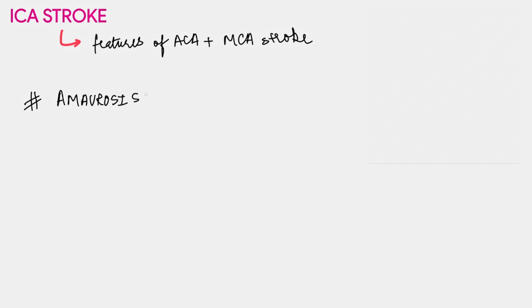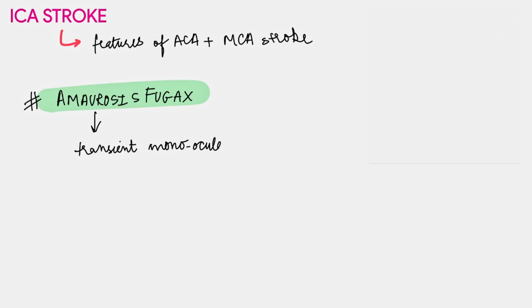There's one more sign called amaurosis fugax, where the patient has transient monocular blindness. This is seen in transient ischemic attacks also. This is one of the early signs of, say, carotid atherosclerosis. This is the classic warning sign.